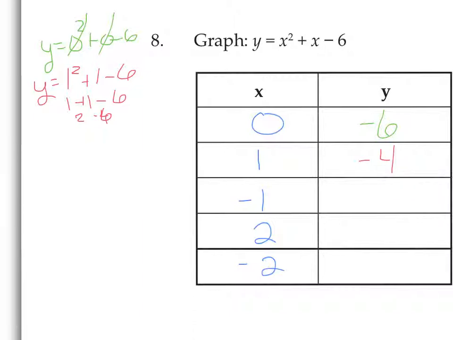Okay, going to do it again with negative 1. Y equals negative 1 squared plus negative 1 minus 6. Negative 1 squared is 1. Plus negative 1 is actually minus 1 minus 6. So 1 minus 1 cancels. So this is turning out to be negative 6.